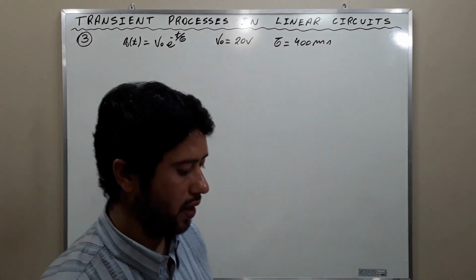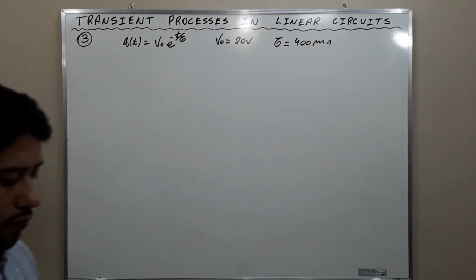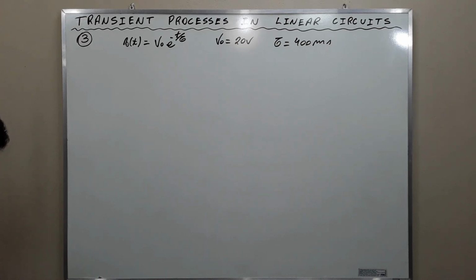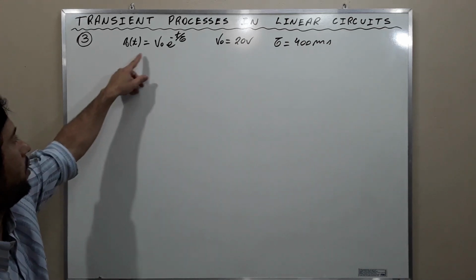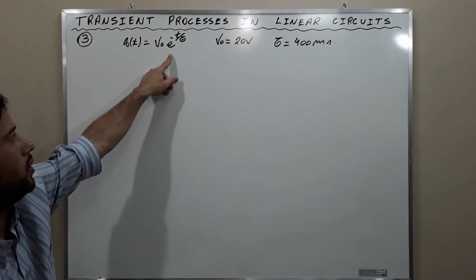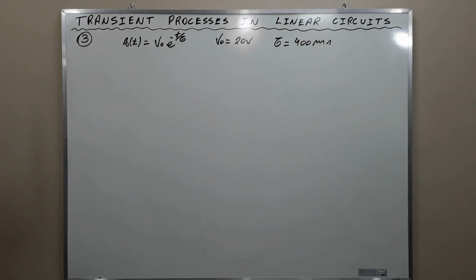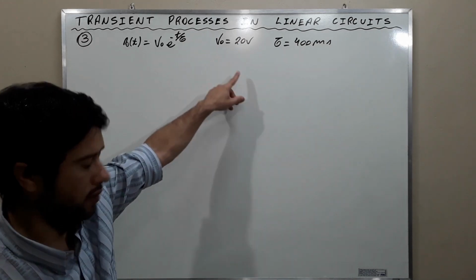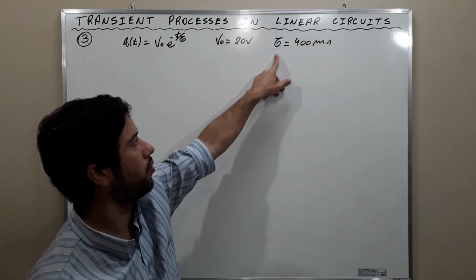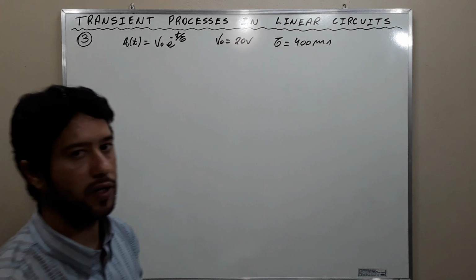Exercise 3. The exponentially decaying voltage given is applied to a digital circuit input. V of t is equal to V0 times e raised to the power of negative t over tau, in which V0 is 20 volts and the time constant of the circuit is 400 milliseconds.